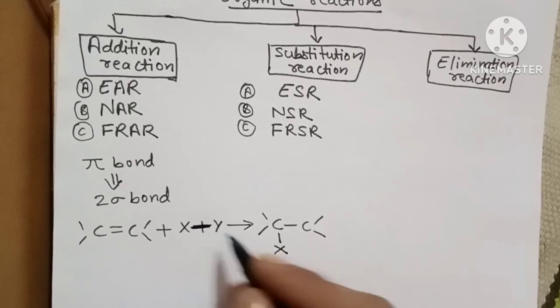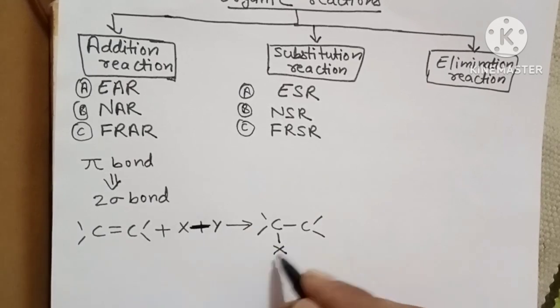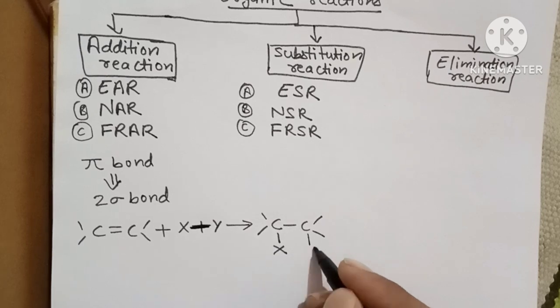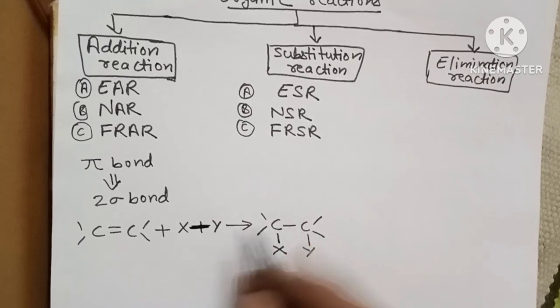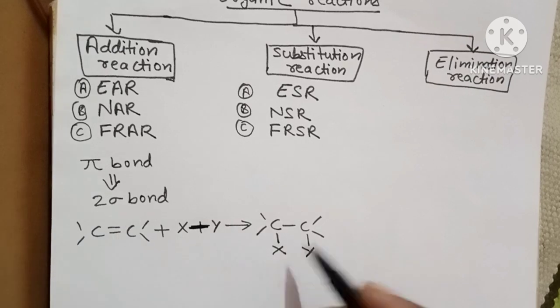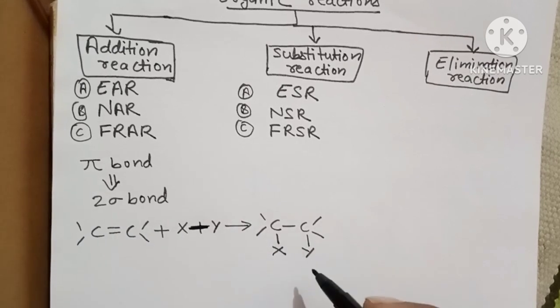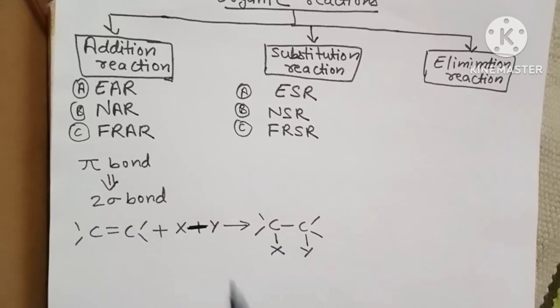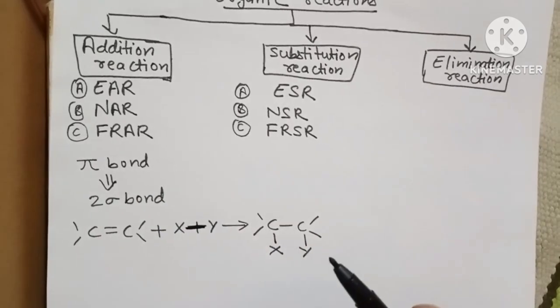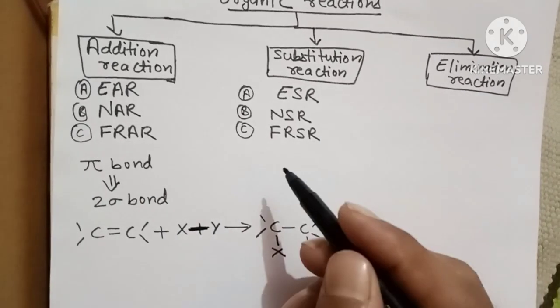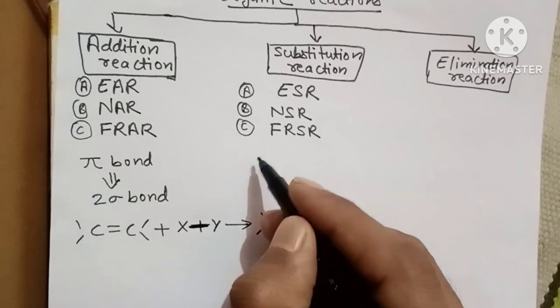Now here the X–Y bond is breaking, and this is X and this is Y. So this pi bond is breaking, and it is getting converted into two sigma bonds. So this is a simple addition reaction we have seen. Now what happens in the substitution reaction?